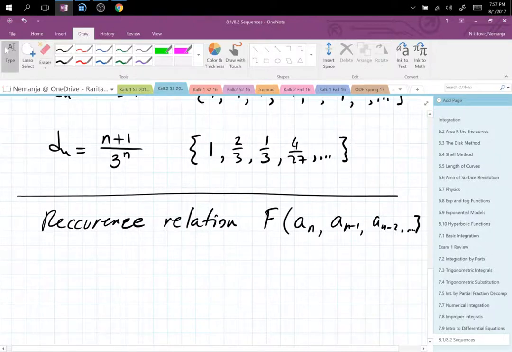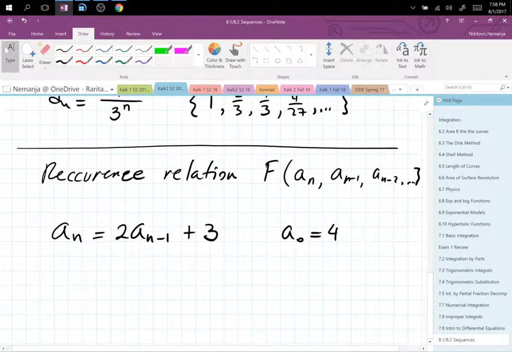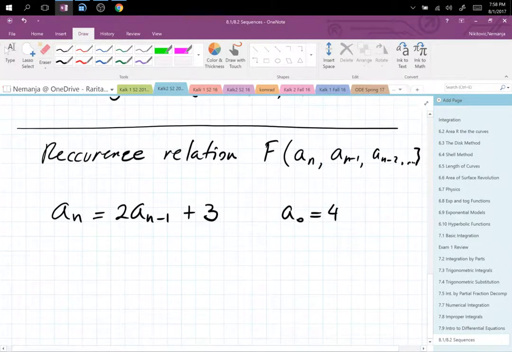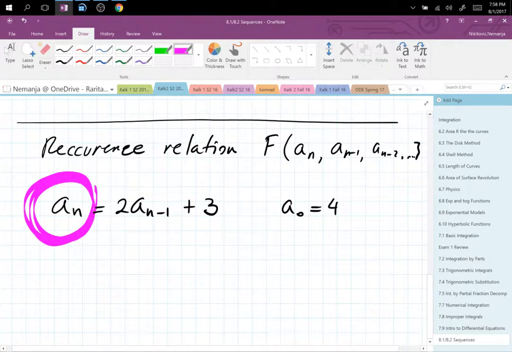To give you an example of this, say that your a_n is equal to 2a_(n-1) plus 3. And we define a_0 as, let's say, 4. You have to have a starting point, because if you look at the screen, the new value depends on the old one.